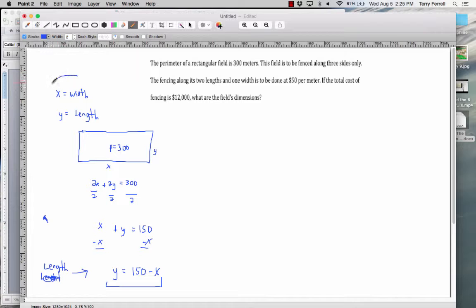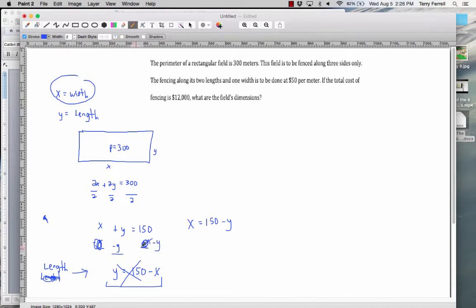This is my width. So actually, now that I do this, let me take that back. I should solve for x. Ignore that. x equals 150 minus y. I'm just going to subtract y on both sides. Sorry about that.